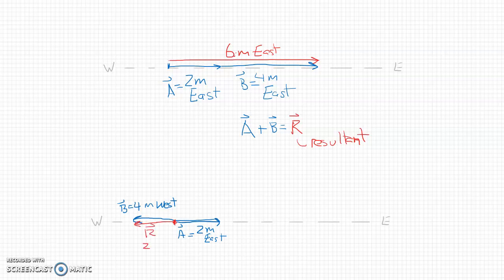And in this case, it's going to be 2 meters to the west. I could think of these as if this were a math class, where we could call this the positive part on a number line, and this could be the minus on the number line. You can think of it in those terms too.